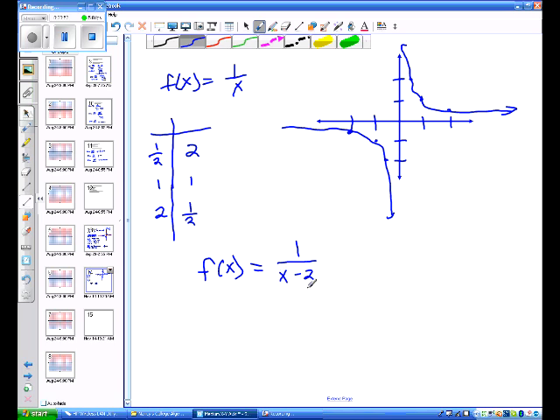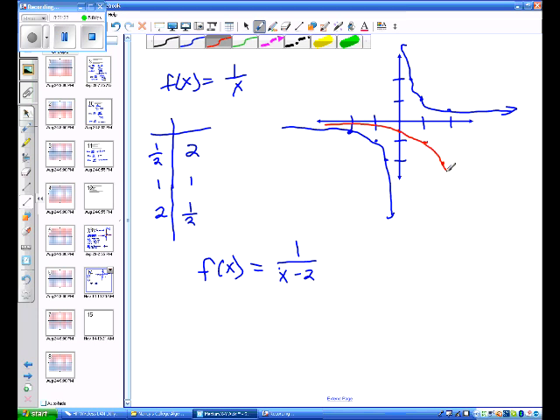Now remember, whatever's in the parentheses with your x, and that's understood to be in parentheses, affects your x value, and we undo it. So that means we would add 2. So what we would be doing with our graph here is taking each of these points and moving it to the right 2. So we would have our points 2, 1, 2, 1, 2.